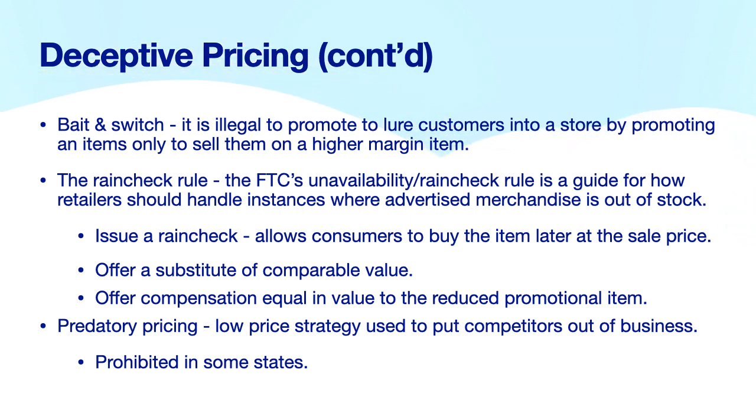One of the things that they can do is issue a rain check, which, as I mentioned, allows the consumer to buy the item later at the sales price. They can also offer a substitute of comparable value, or they can offer compensation equal in value to the reduced promotional item.